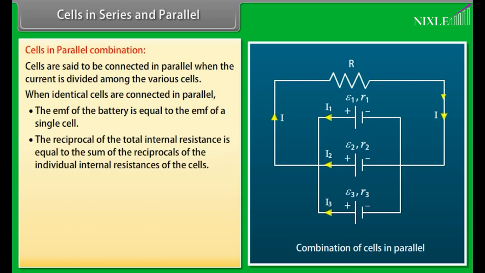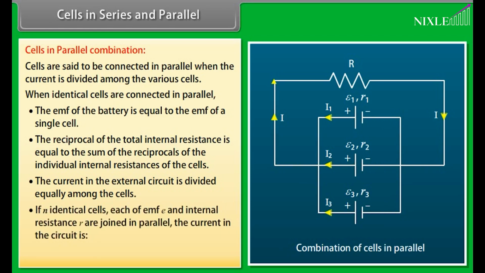The reciprocal of the total internal resistance is equal to the sum of the reciprocals of the individual internal resistances of the cells. The current in the external circuit is divided equally among the cells. If n identical cells, each of EMF E and internal resistance R, are joined in parallel, the current in the circuit is equal to nE divided by nR plus R.